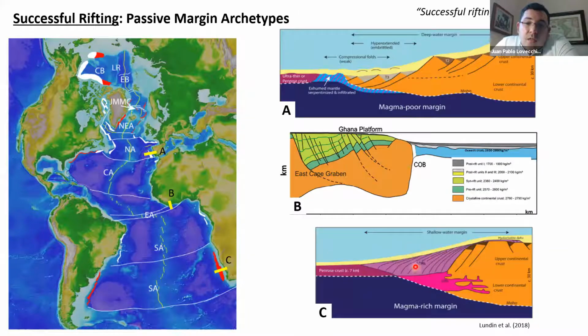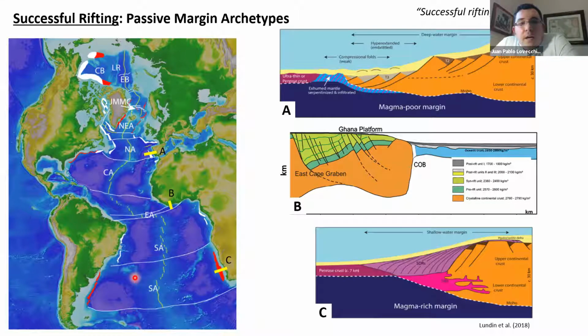This is why these are seaward dipping reflectors. And at the beginning, they didn't know what they were. Then they were drilled, and we found out that they are successions of tholeiitic basalts with aeolian or shallow marine sediments, and they are interpreted to form during the process of breakup in these magma-rich or volcanic margins.